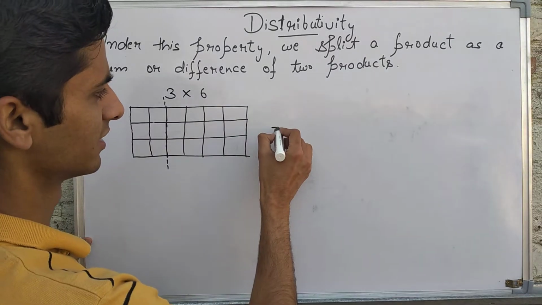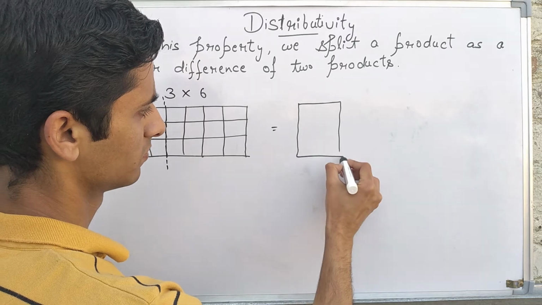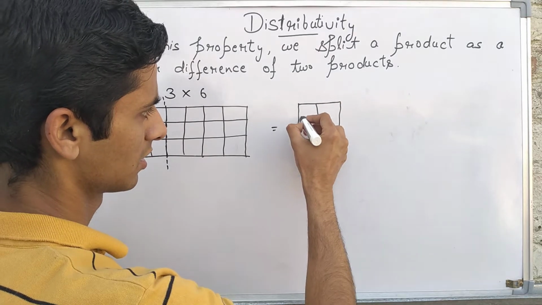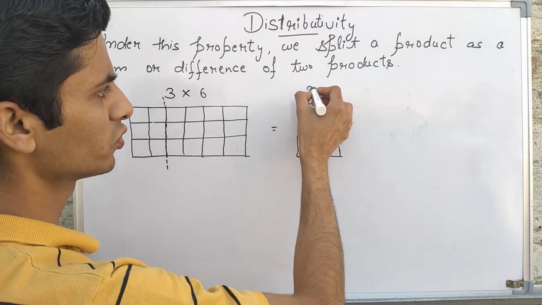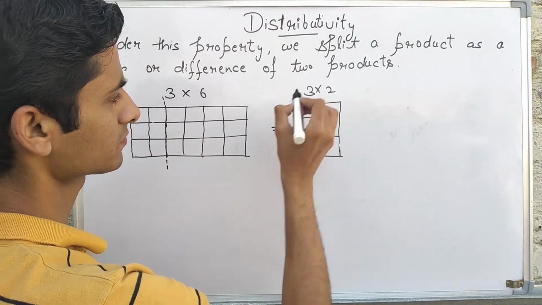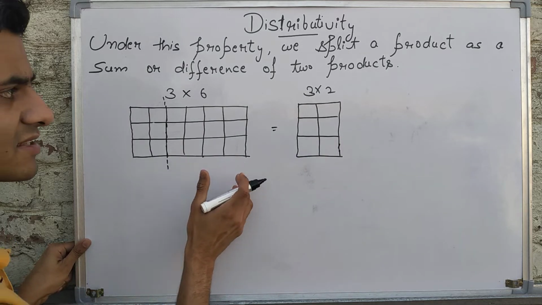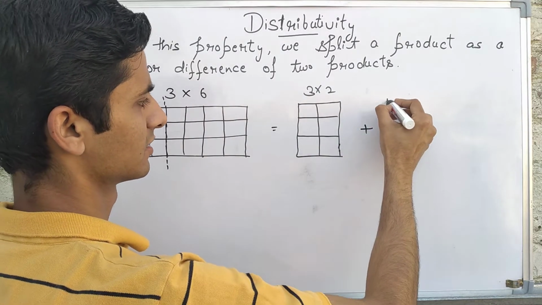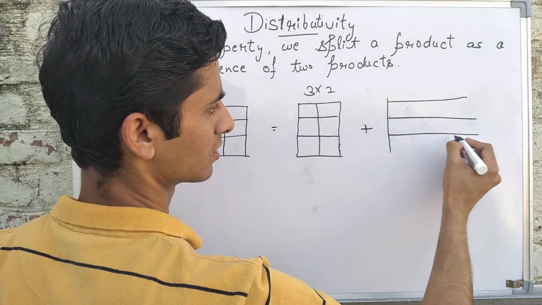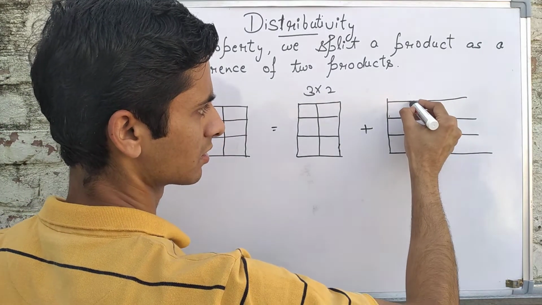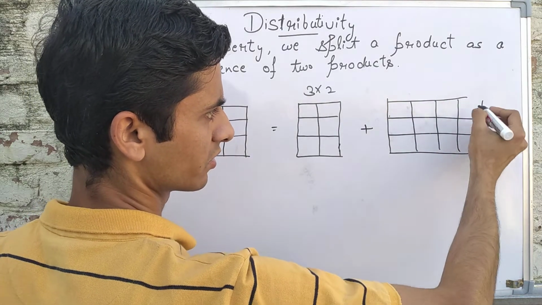So what will we get? We will get one part like this, 3 into 2 you can call it. This I have pasted over here. Similarly, this thing plus 1, 2, 3, 4.